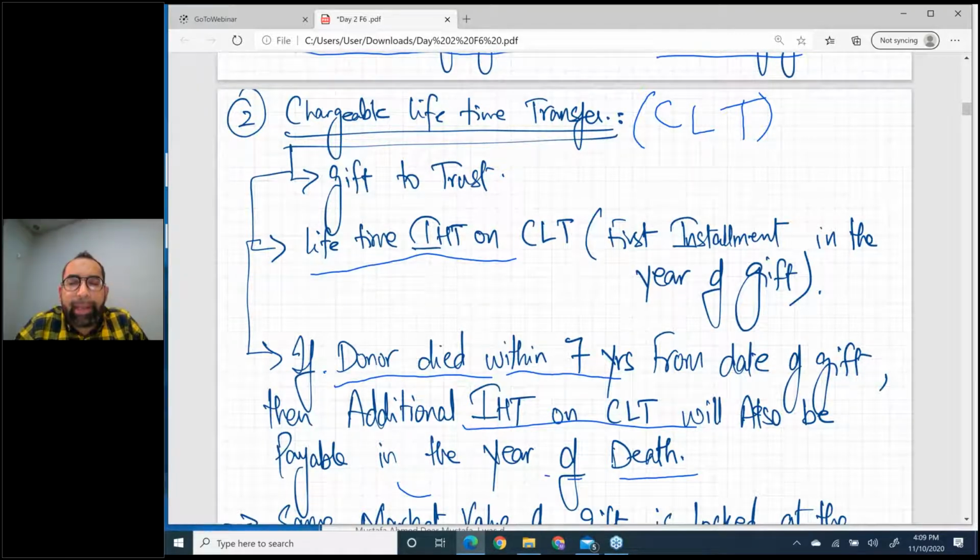The first is lifetime IHT, payable in the year of gift, in the year in which you make the gift, right? And this additional IHT is only payable if the donor died within 7 years from the date of gift. What if the donor died after 7 years? Then there is no additional IHT, only one tax, that is lifetime IHT.